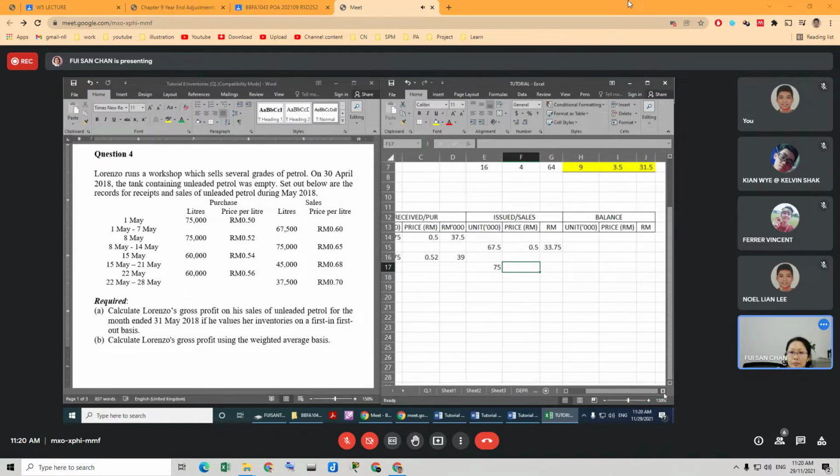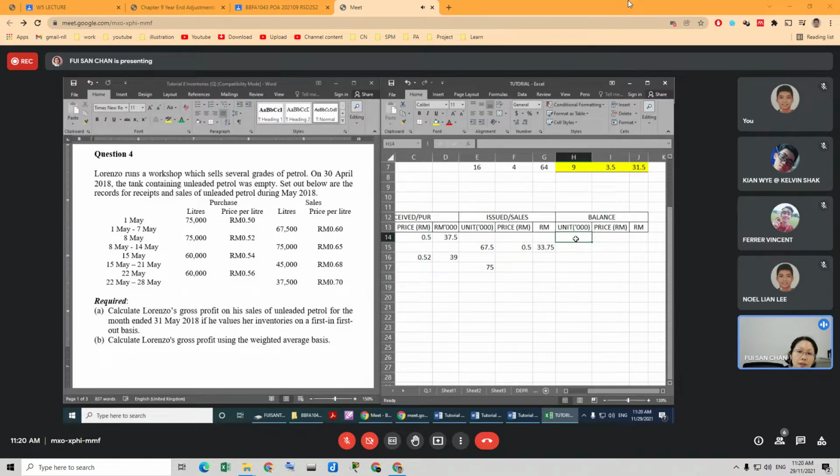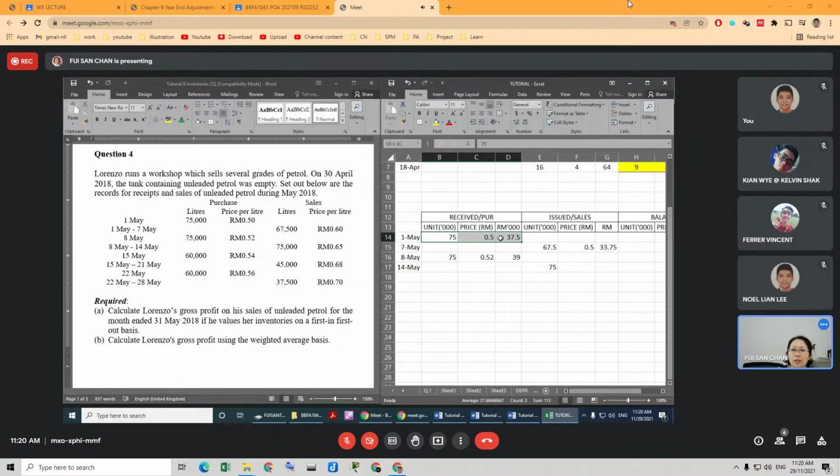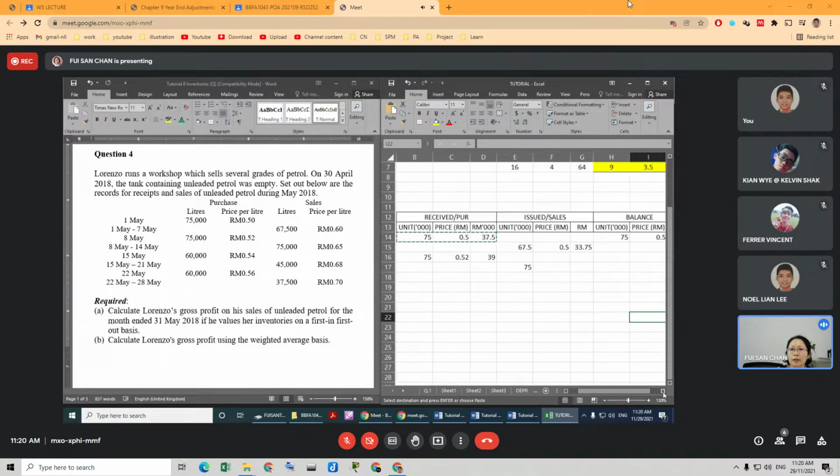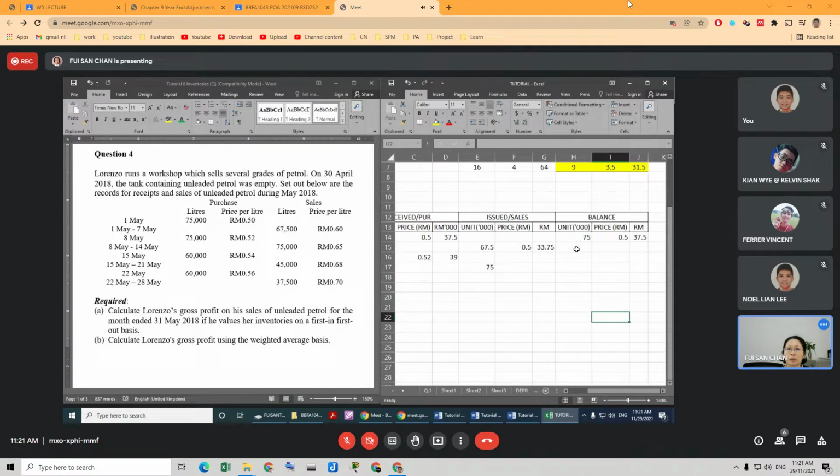Oh, I forgot to do the balance. Every day you've got to fill up the balance. Now for this one, the balance is actually the same, correct? So just put here, the balance is the same. And then after I issue, how much is my balance? I had 75, I sold 67.5, so the remaining would be 75 at first minus this unit.